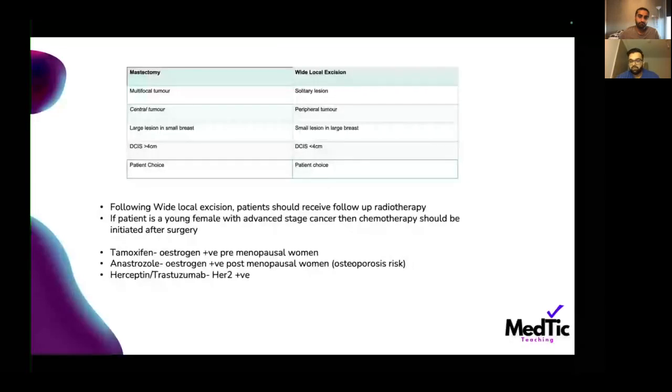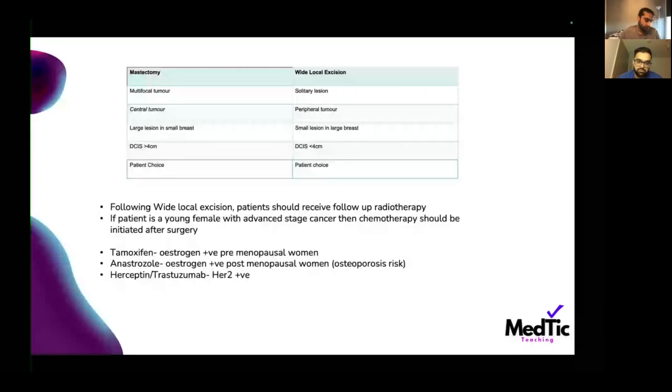So another thing that I just want to quickly go over is treatment, because treatment can be quite confusing as to radiotherapy, chemotherapy, mastectomy, wide local incision. As a general rule of thumb, mastectomy would be for your worst cancers and wide local incision for your less aggressive cancers. So mastectomy would be a multifocal tumour, whereas wide local incision is a solitary singular lesion.